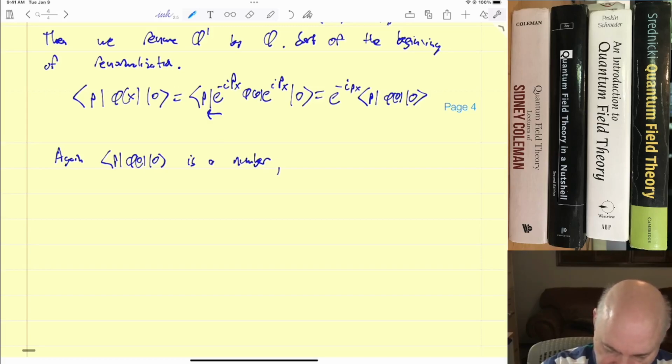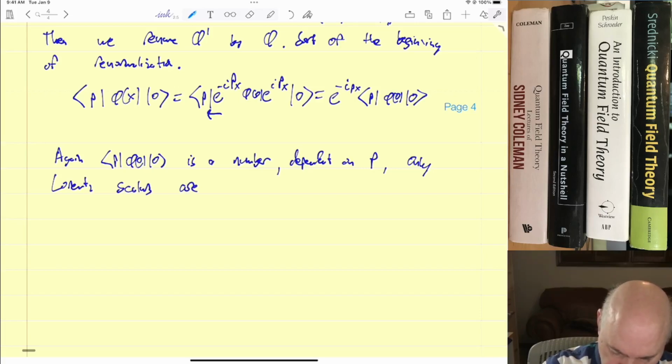You could argue it depends on p, but the only Lorentz scalars are p squared, which is equal to minus m squared. So this matrix element just depends on m squared and maybe some other parameters in the Lagrangian.